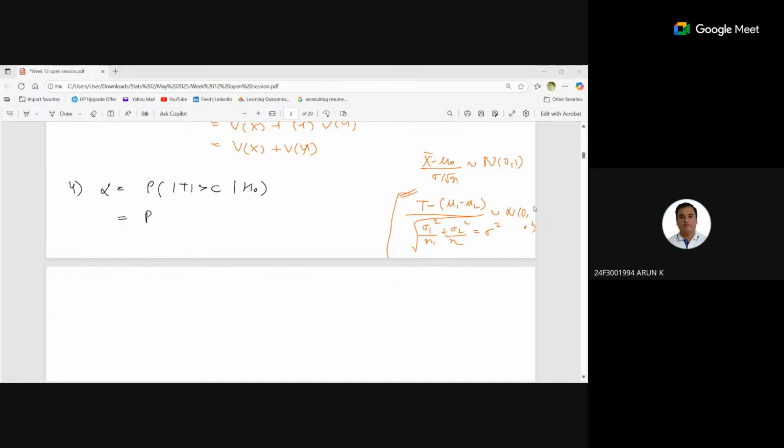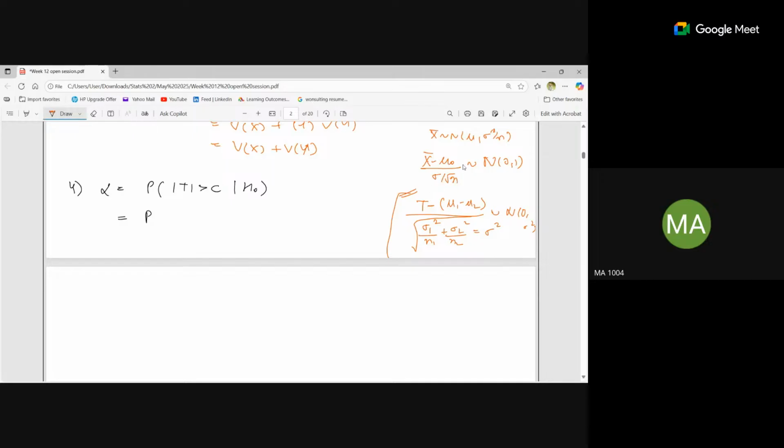Could you please explain how the sigma square came? See, if my x bar is following normal with mu, comma sigma square by n, then to convert this I would subtract the mean and divide by the standard deviation, correct?